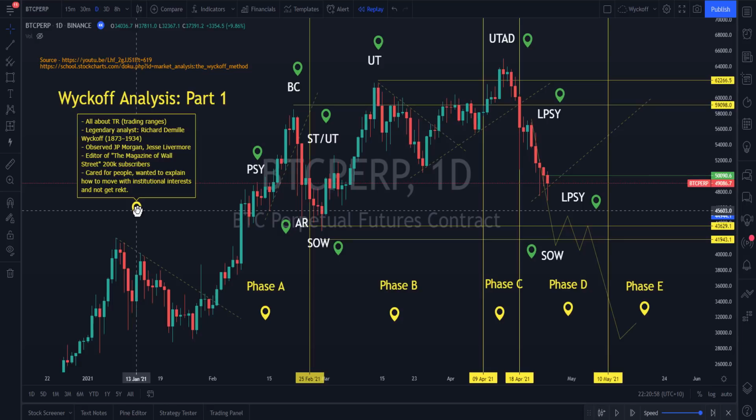So it's very helpful to understand who Wyckoff was. Richard Wyckoff, 1873 to 1934, was editor of the Magazine of Wall Street, which had over 200,000 subscribers. That's pretty impressive. He was a very caring person, and he wanted the average investor to understand how big institutions worked.